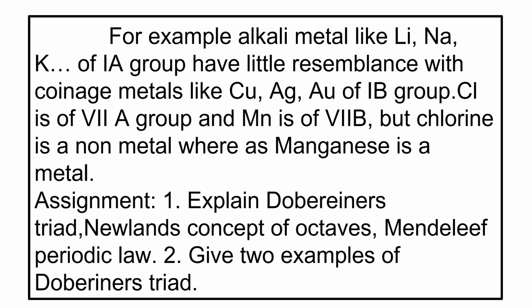So in this way, though Mendeleev's periodic table was successful to a certain extent, it has its defects, and later on it was corrected by other scientists, and the new model, which you are going to learn in the next class.